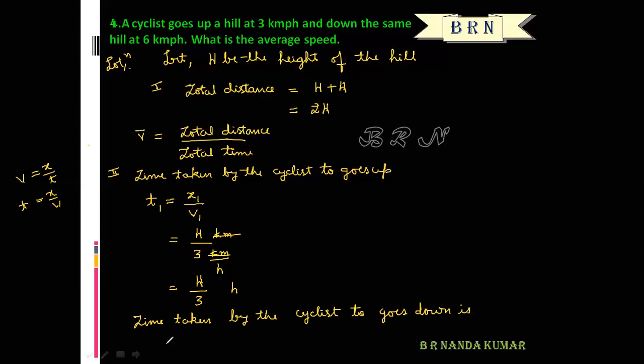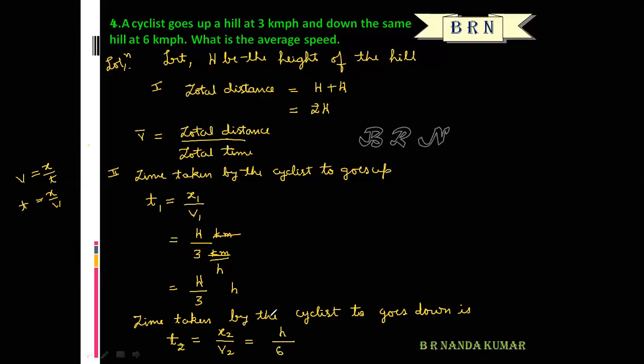is t2 is equal to x2 divided by v2. So x2 value is H, divided by v2. v2 is 6 km per hour.